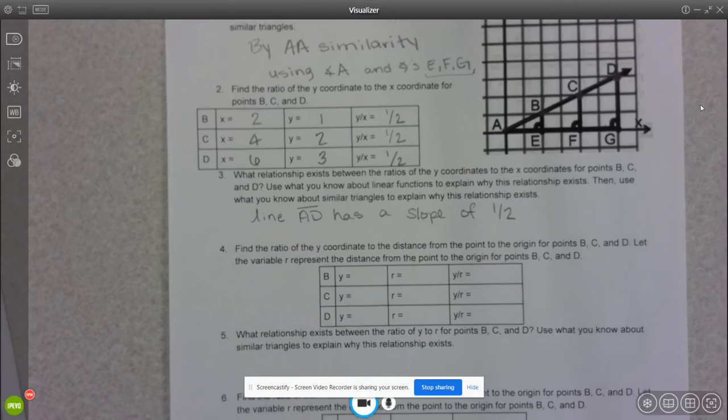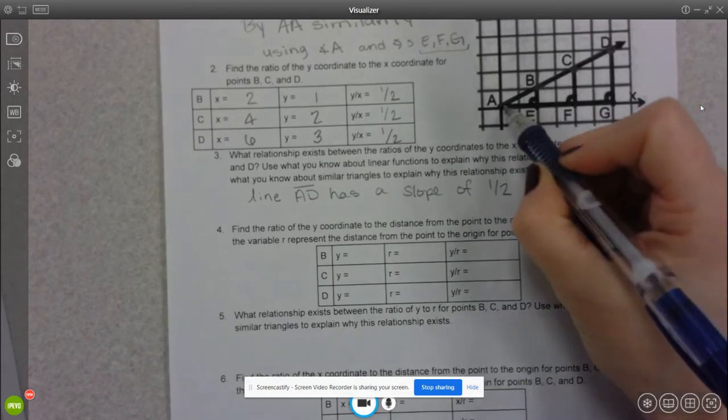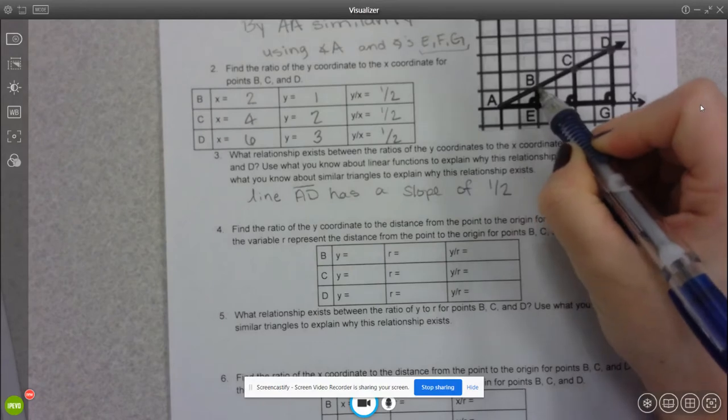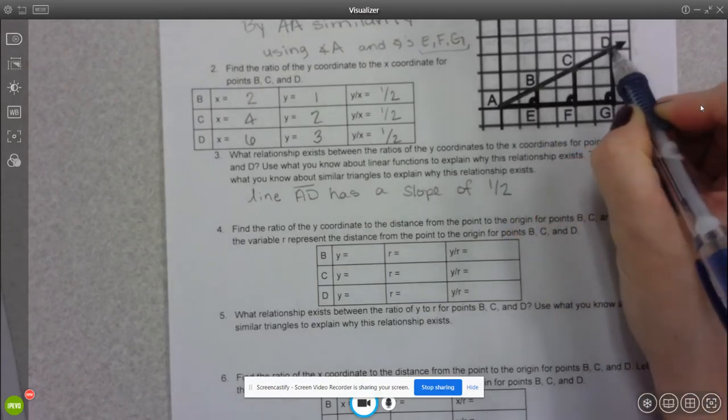Now in question number 4, R is the distance from our origin point, or A, to point B, point C, and point D. So now I'm not finding a coordinate. I'm actually finding the length of AB, the length of AC, and the length of AD.